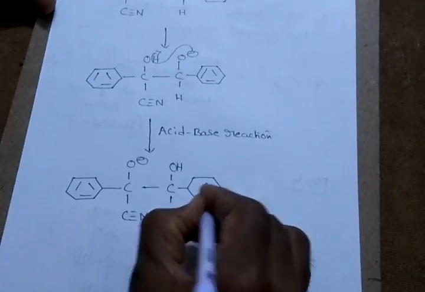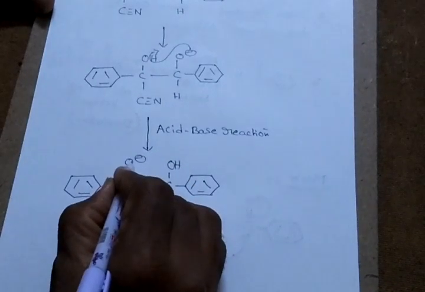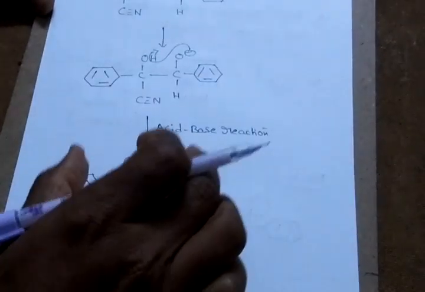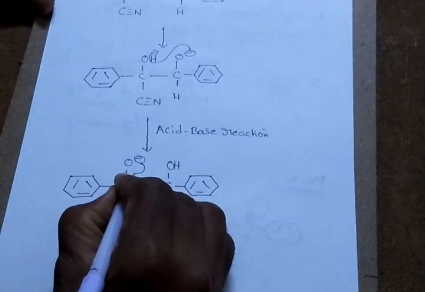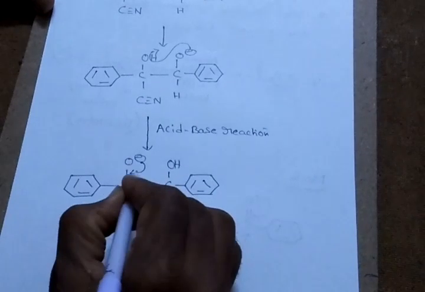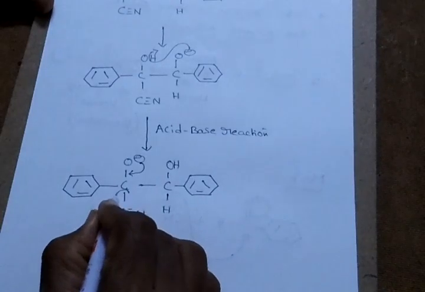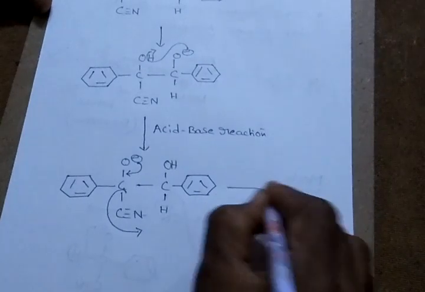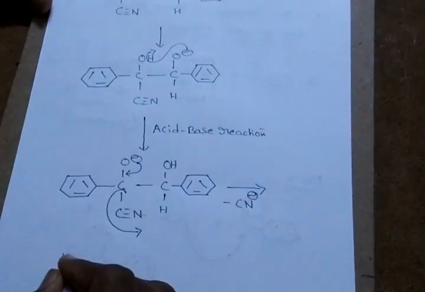Very simple. See, now later on what happens, this negatively charged oxygen, trying to acquire the stability and trying to give the stability to this entire molecule, brings back this negative charge as the double bond between the carbon and this oxygen. When this is happening, immediately the carbon cyanide bond is going to be entirely cleaved out, and the cyanide group is going to leave the system as cyanide ion, CN minus.